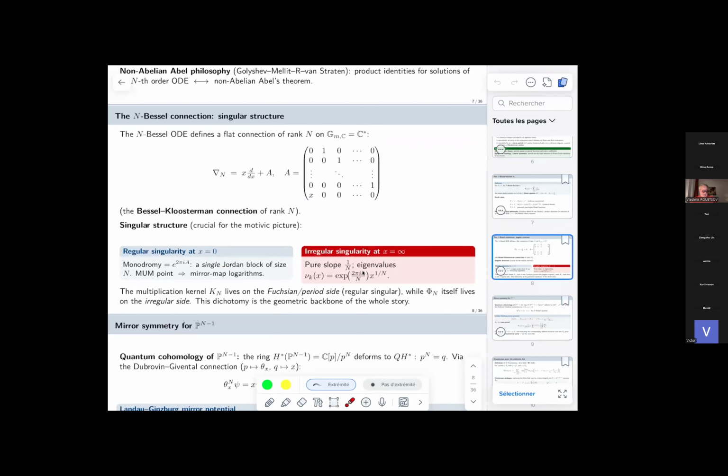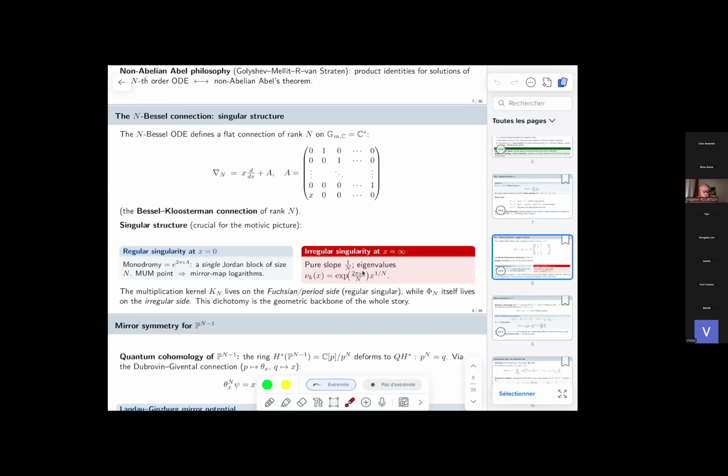And in opposite, if we take x equal to infinity, then we have an irregular singularity with pure slope 1 over n. Eigenvalues are exponent times x to the 1 over n.